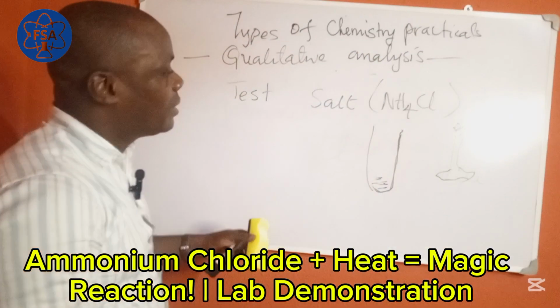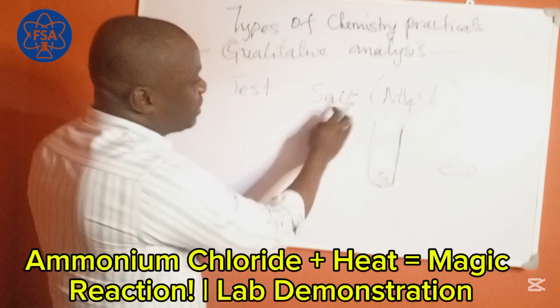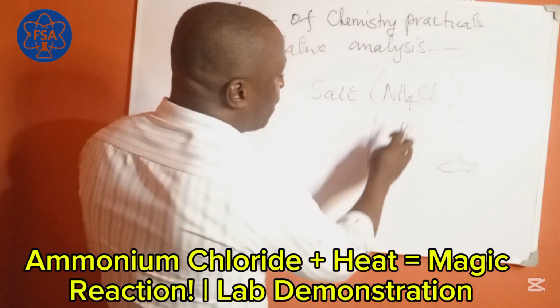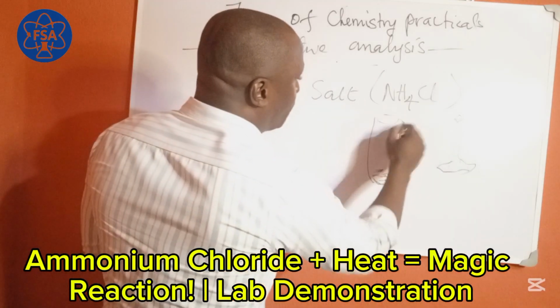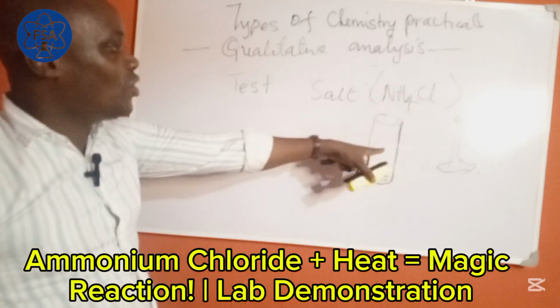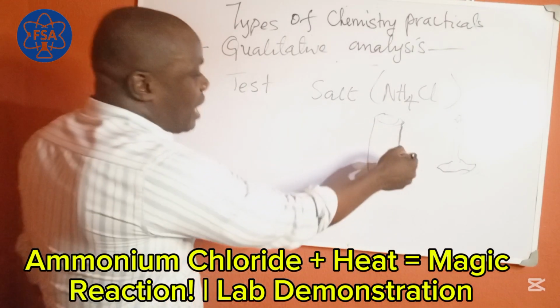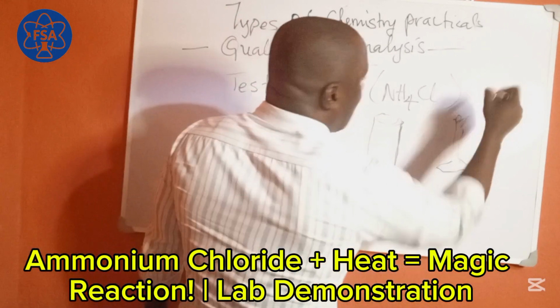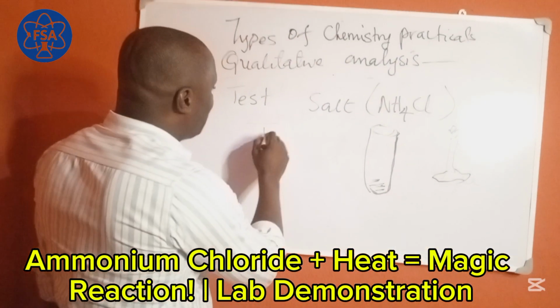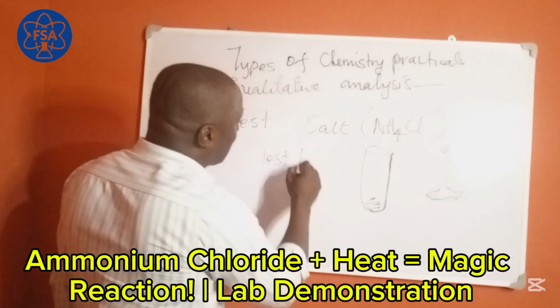When you put this source sample, the ammonium chloride, into your test tube, you also use your test tube holder. Another thing we need is a test tube holder.